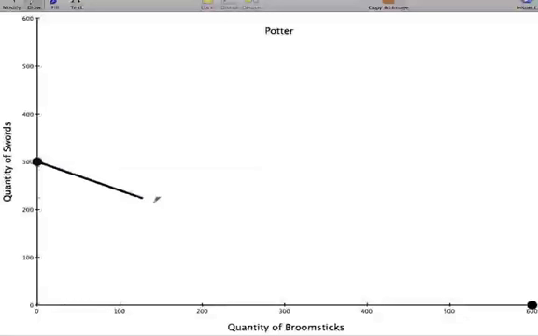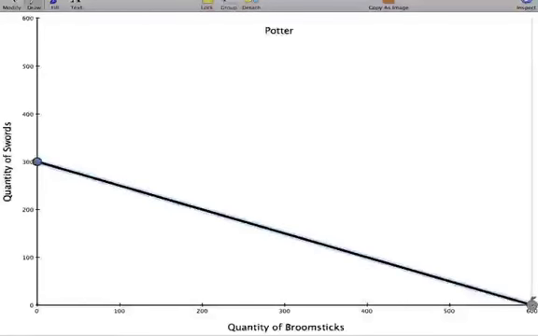If we connect these 2 points, we get the production possibility frontier. This shows all the combinations of swords and broomsticks that Potter could make. They could make only swords and make 300, make only broomsticks and make 600, or some combination in between.